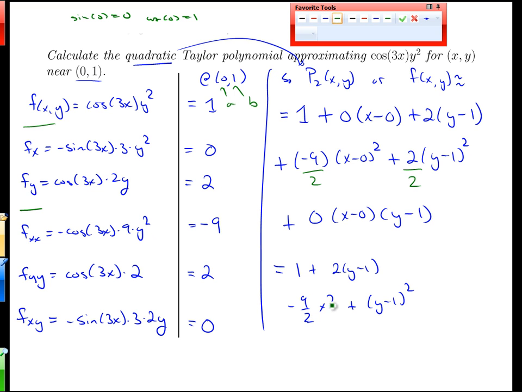We notice it is quadratic, quick check, with constants out front of the linear and quadratic terms, and this would be a good approximation to this much more complex function, cos of 3x times y squared, around the point (0, 1). Quadratic is sometimes easier to deal with than something as complicated as this trig combined with the polynomial.